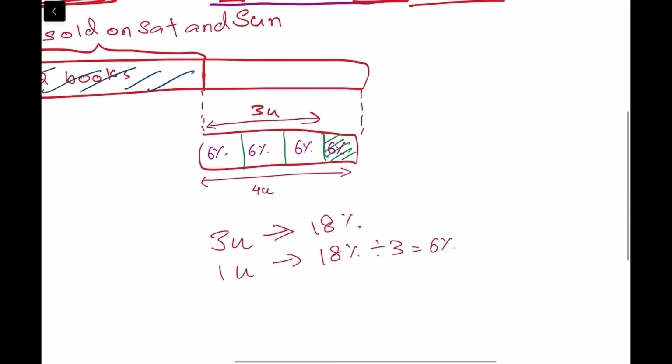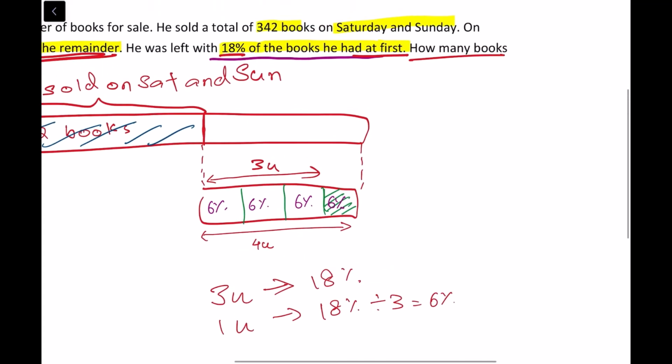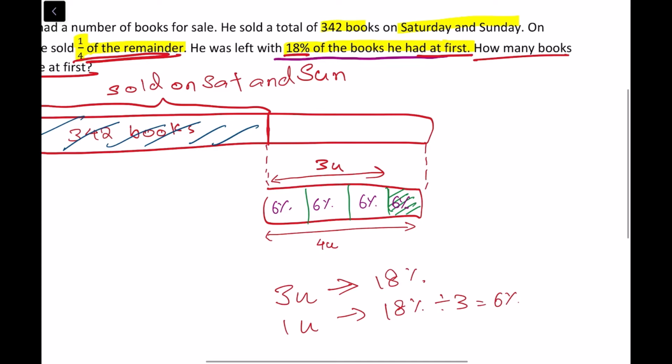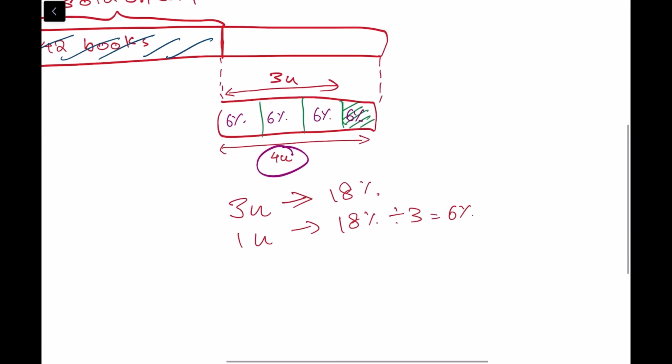Correct? Now this is actually quite simple from here onwards. If the number of books he had left after Saturday and Sunday was 4 units, then that would simply be 6% times 4, which gives us 24%.